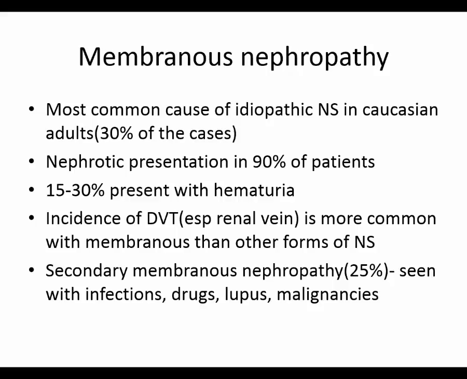Sometimes we may get a little more aggressive if they are a smoker. Now we do the low dose CT scan to look for things. Those are the kind of tests we would ask for, because before treating these patients, we absolutely want to make sure we are not missing a secondary etiology for this membranous.